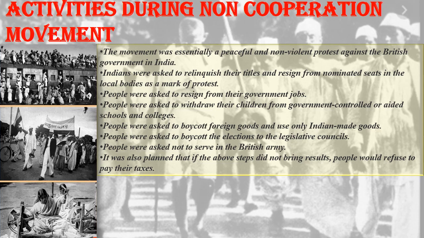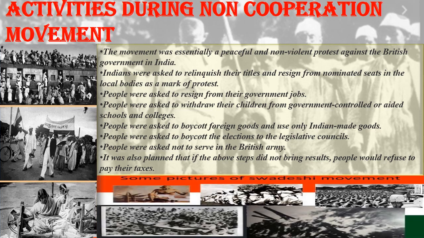In Kheda, Gujarat, many peasants organized non-violent campaigns against the high land revenues. These were the non-cooperation programs and what was happening there. Now we'll learn about the repression of the movement.